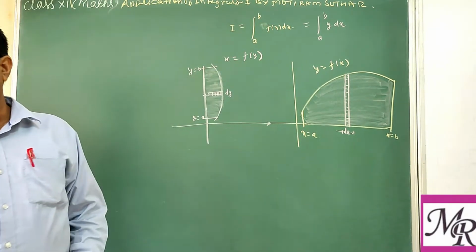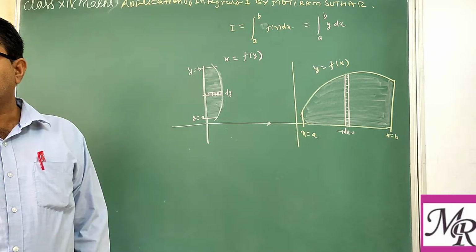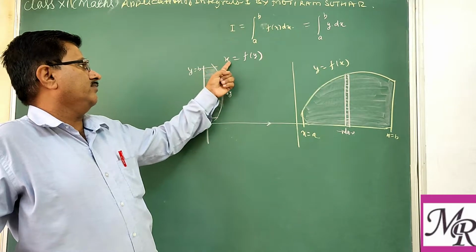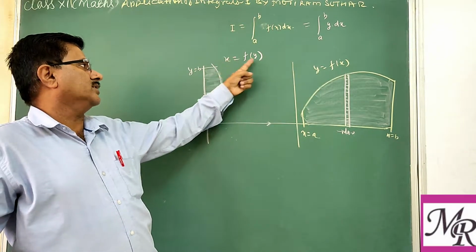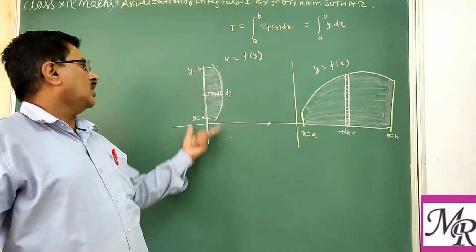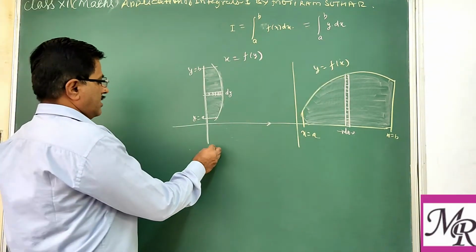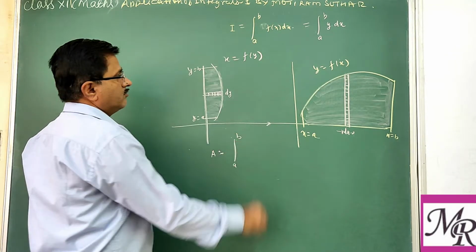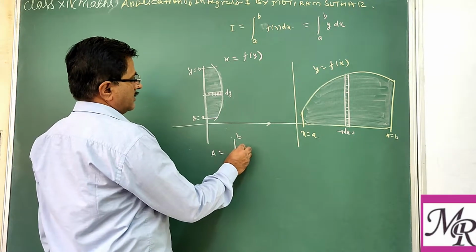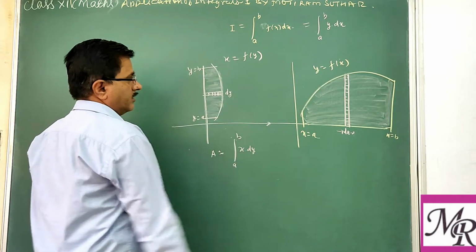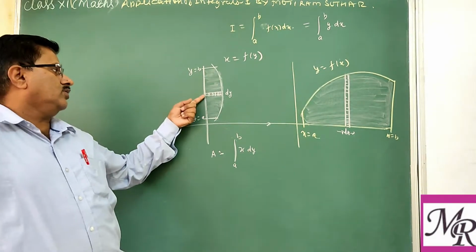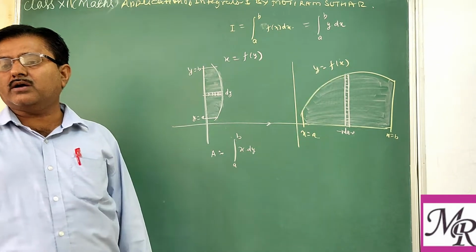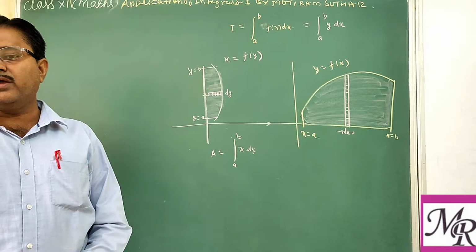When the curve is along the y-axis, the curve is given in the form x equal to f(y). Again the same process: its area we can find as the integral from a to b of x into dy. So in this way you can find the area of the curve along the y-axis.